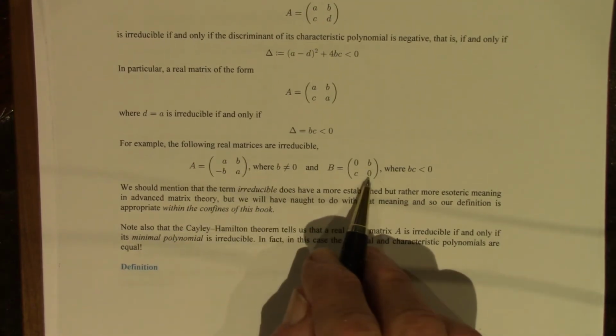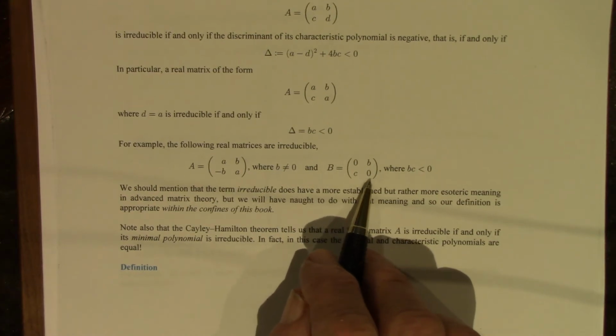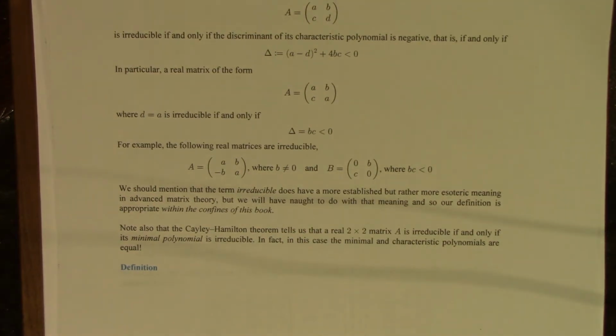Here's another example of an irreducible matrix. Now I have a confession to make. The term irreducible does have a more established meaning in matrix theory. I'm borrowing this term. It's not standard, at least as far as I know. But the more established use of the term irreducible when applied to matrices is done in very advanced matrix theory.